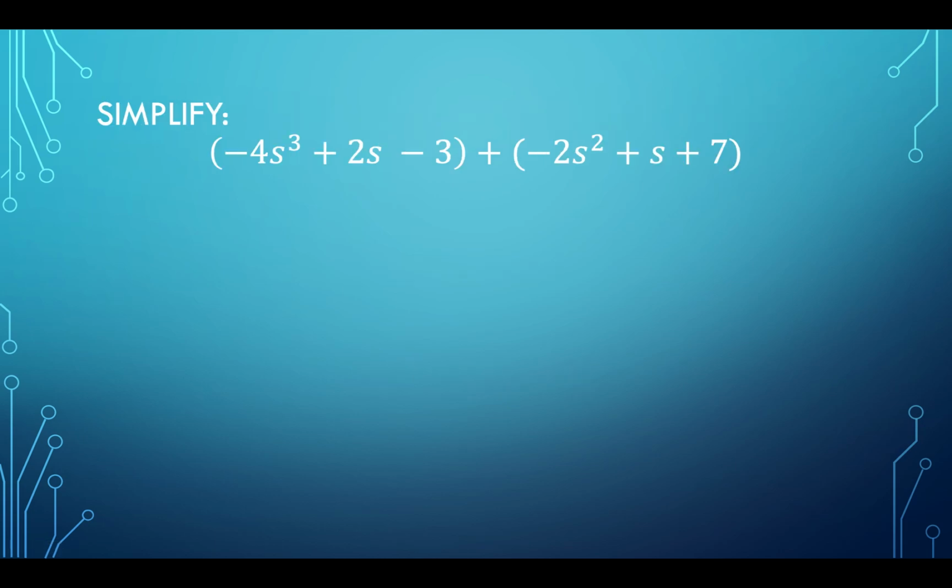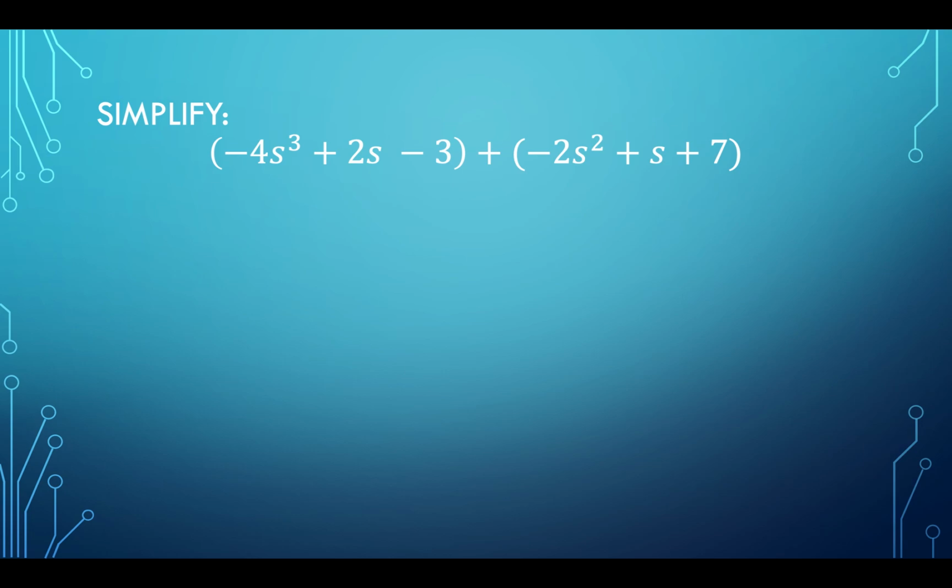So let's simplify. Now we're going to be adding and subtracting polynomials. In the first set of parentheses, I have negative 4s to the power of 3 plus 2s minus 3. And then it's going to be plus, and the second set of parentheses is negative 2s squared plus s plus 7.